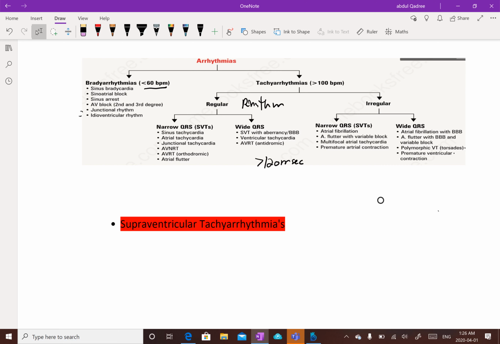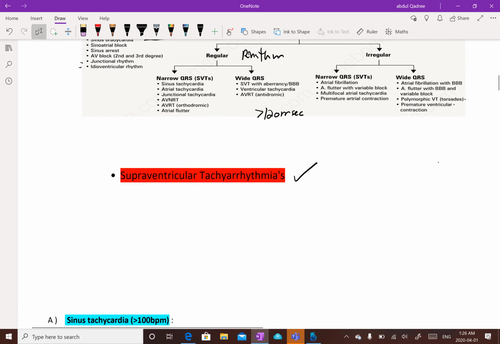In general, ladies and gentlemen, when we talk about supraventricular tachycardias, we're just referring to all the tachycardias that arise above the AV node. Many people have different explanations of supraventricular tachycardia. They usually refer to it as the AV nodal tachycardias that arise anywhere around the AV node, for example, preexcitation syndromes or reentry circuits.